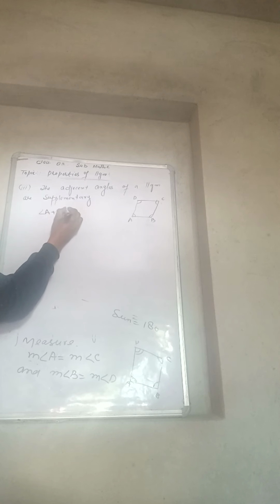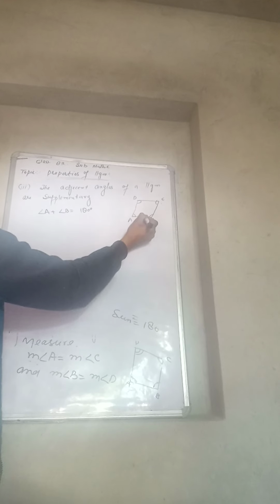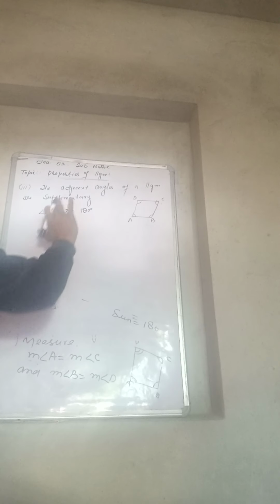Adjacent angles, all pairs of adjacent angles are supplementary. That is, angle A plus angle B is equal to 180 degrees. ये adjacent हैं एक के बाद एक, तो इनका sum according to property they are supplementary.